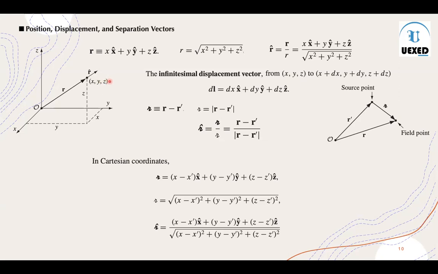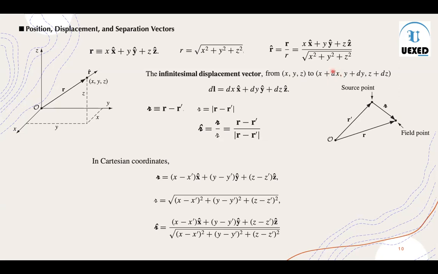Then the displacement from this point to that point is defined as dl vector equal to dx x cap plus dy y cap plus dz z cap, where dx is basically the change in the corresponding coordinates.